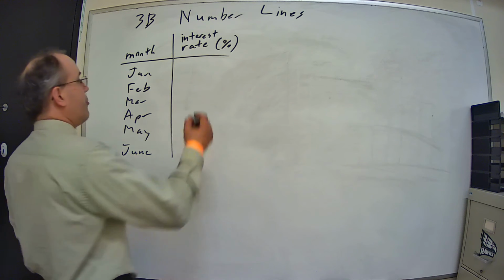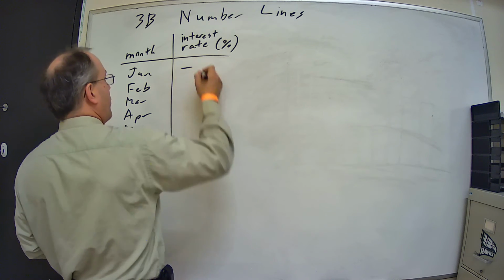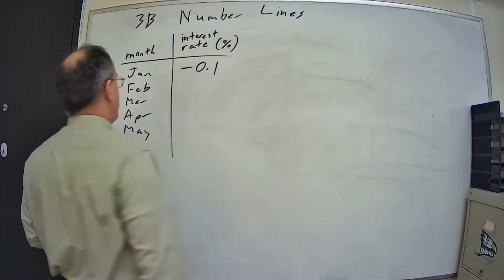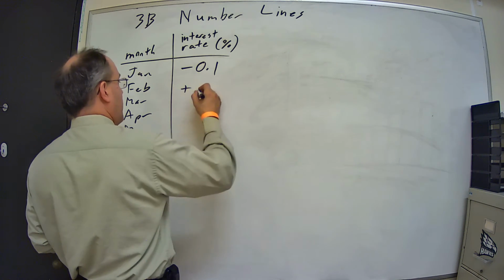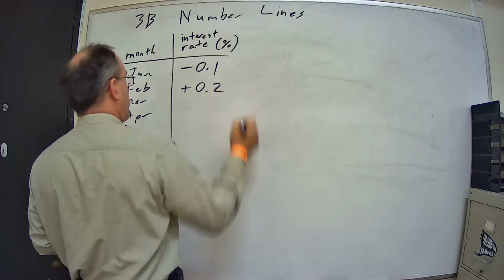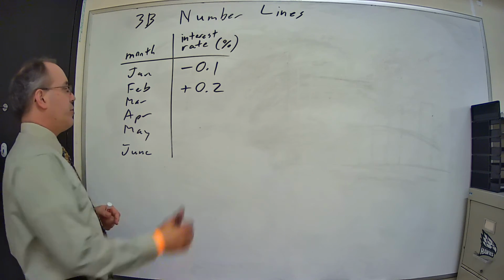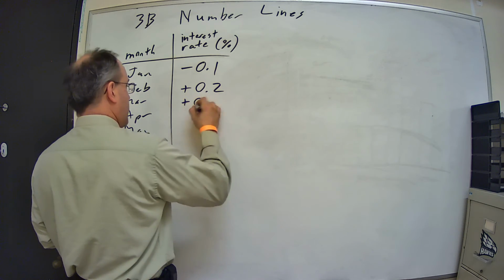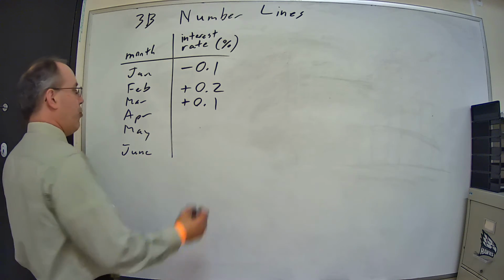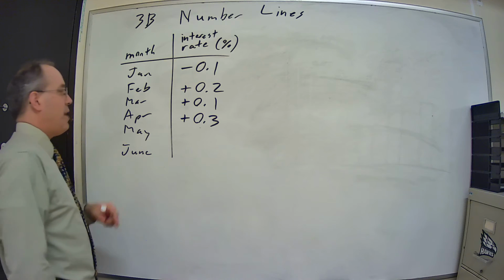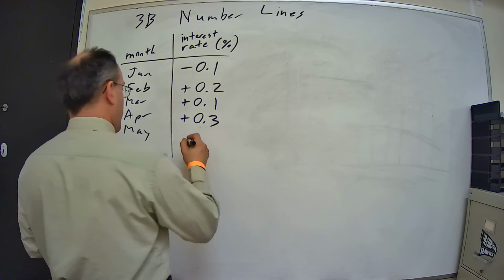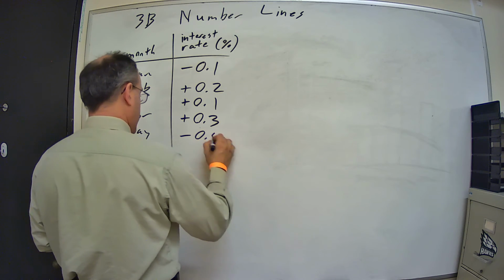So let's say in January that the interest rate went down by 0.1%. In February, the interest rate went up by 0.2%. In March, it went up by 1%. In April, it went up by 3%. In May, it went down by 0.5%.